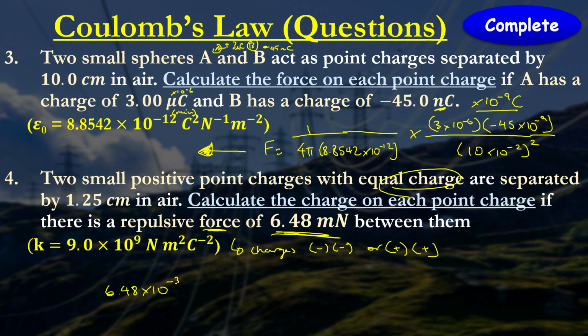Milli is 10 to the -3. Our K constant is given to us here, so just substitute that in. Because we're dealing with the same charge, Q1 and Q2 are the same, so let's combine them together and call this Q squared. And the distance of separation is given by this value here.